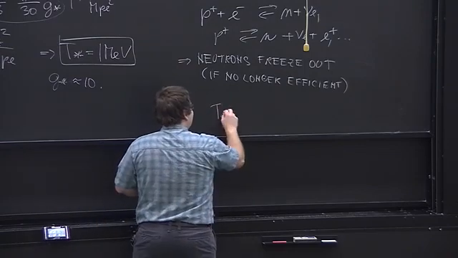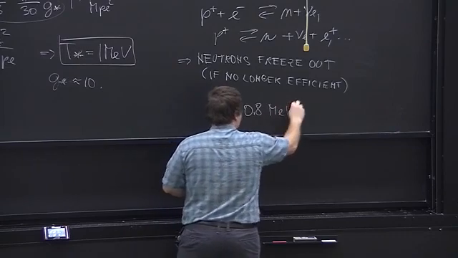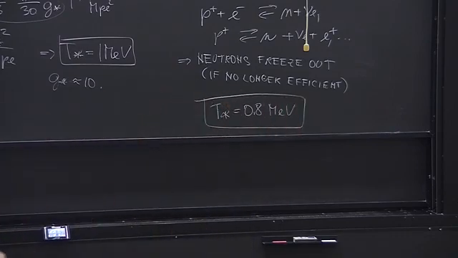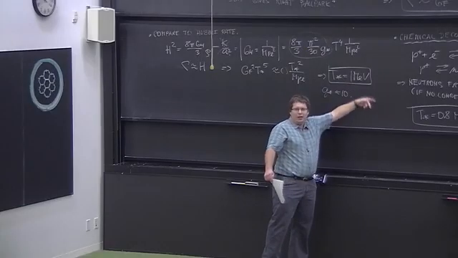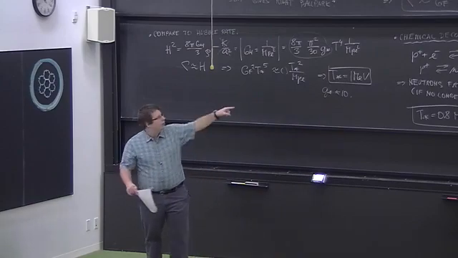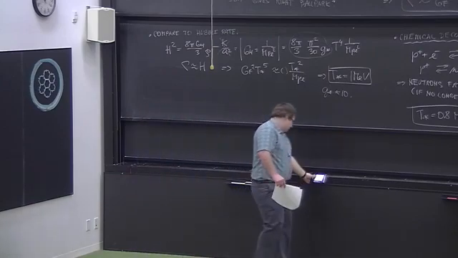Okay, so this happens at T star of 0.8 MeV. So then neutrons decouple from protons. I'm just giving you this, but there's not much time difference between this and that. So once neutrinos decouple from the thermal bath, they cease to be efficient also in these types of interactions.